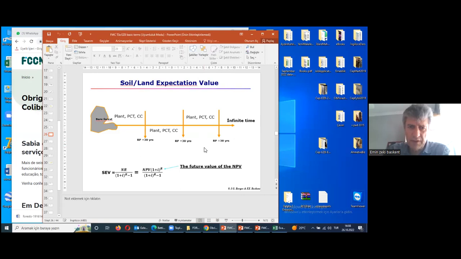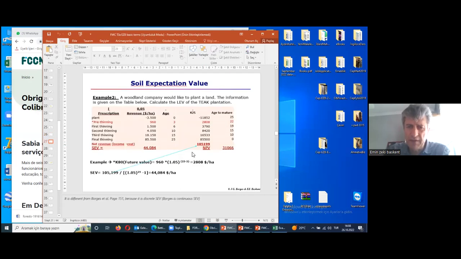Remember that land expectation value has a certain meaning in financial analysis. It allows us to evaluate financial management alternatives with different rotation periods, whereas we can use the net present value criteria to compare alternatives with a fixed rotation period.